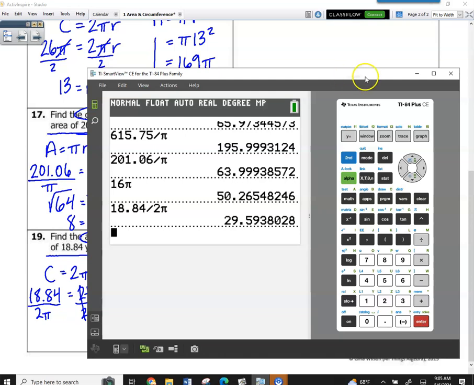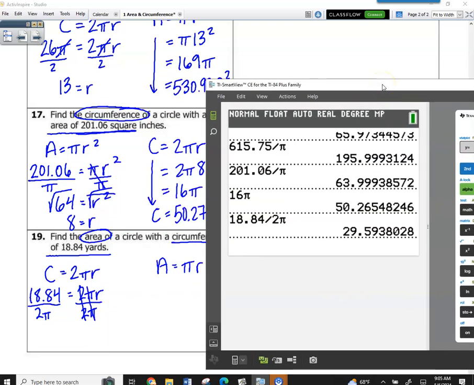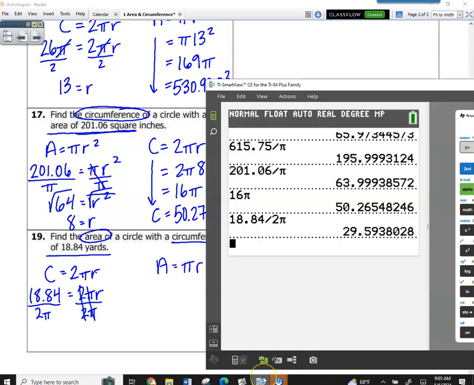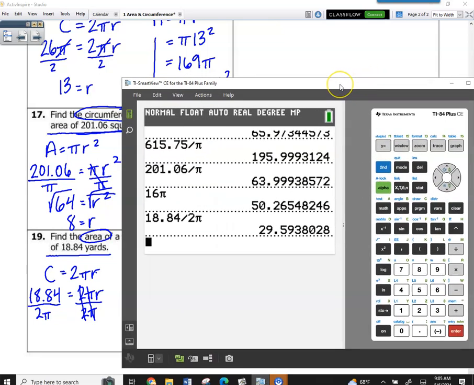Would it make sense for the radius of a circle that only has a circumference around 18 to be 29.6? Does that make sense for a circle to have only 18 in the circumference? No, not at all. The radius is bigger than the circumference, right? That doesn't make sense.